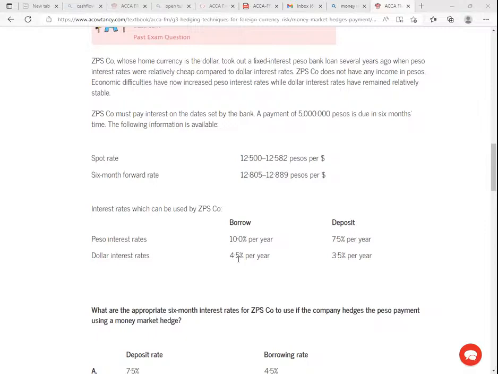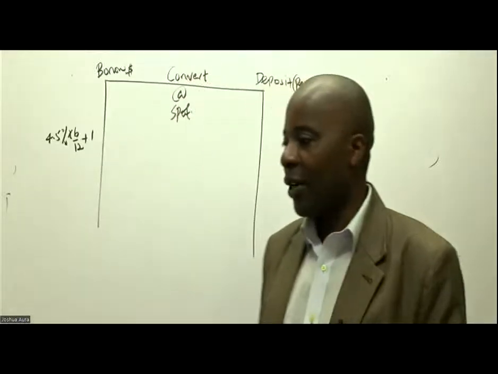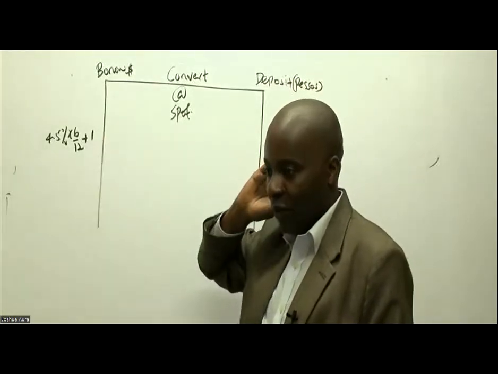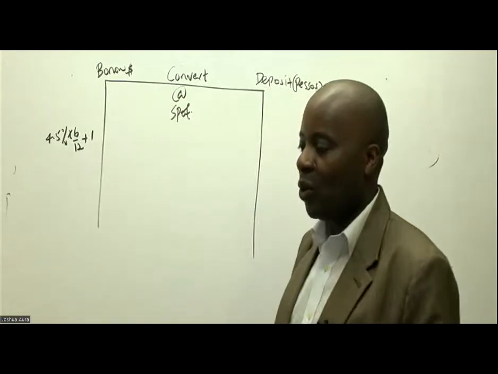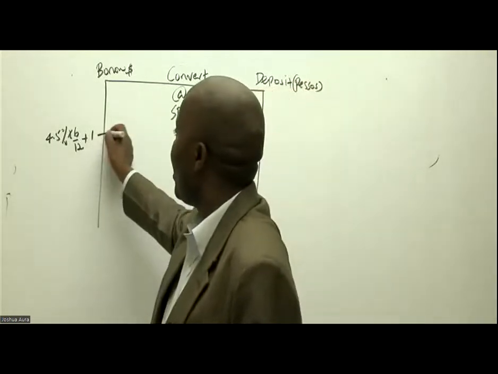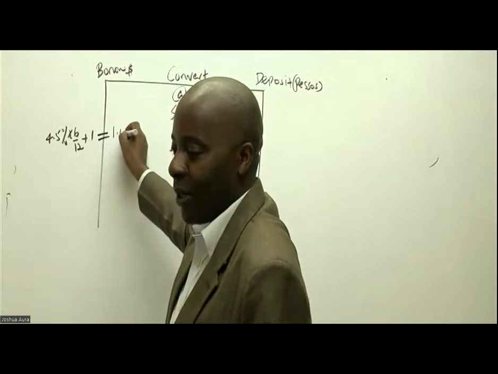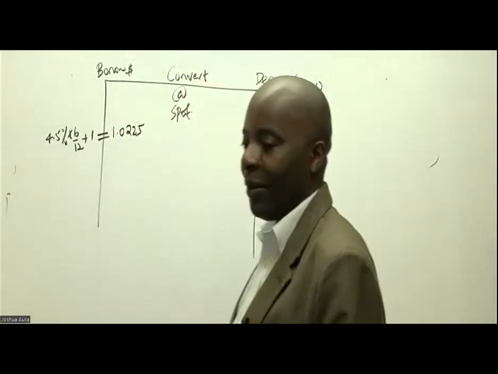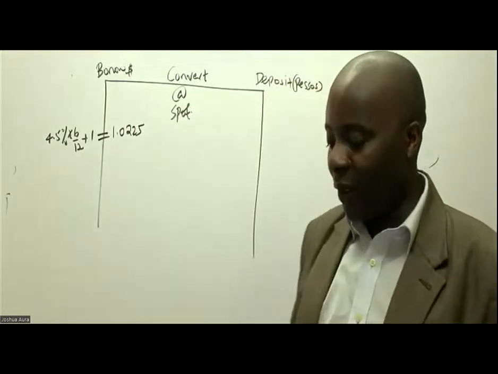Could you kindly give me this answer? I hope you remember this part here, 4.5% times 6 over 12 plus 1. Marietta Mutunga gives me 1.0225.